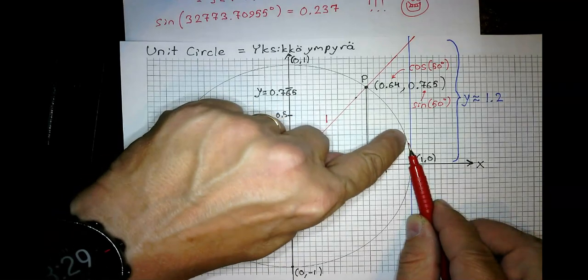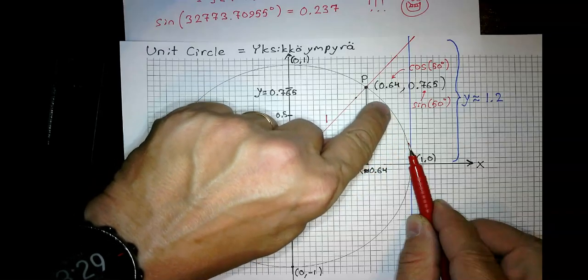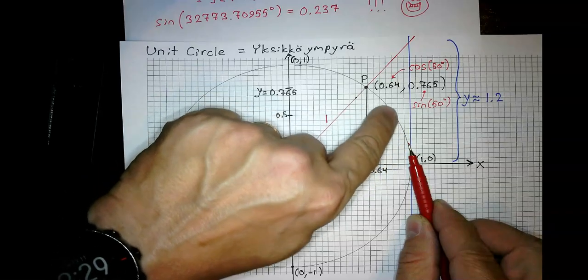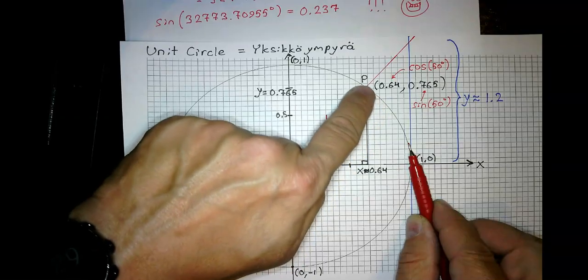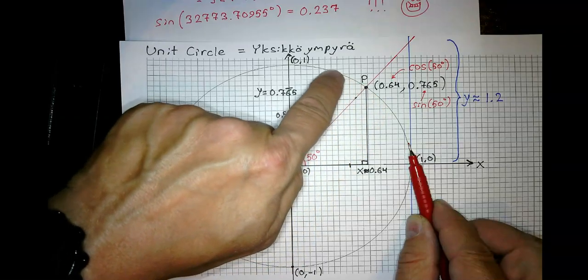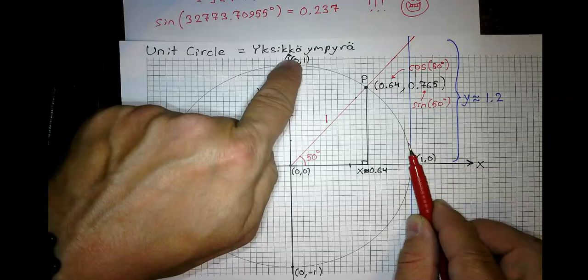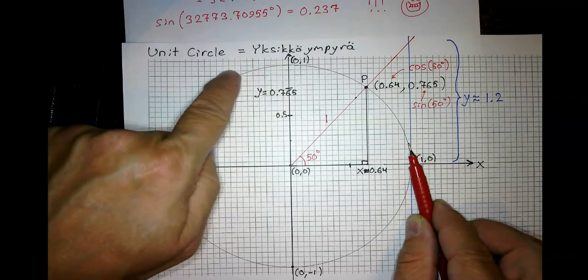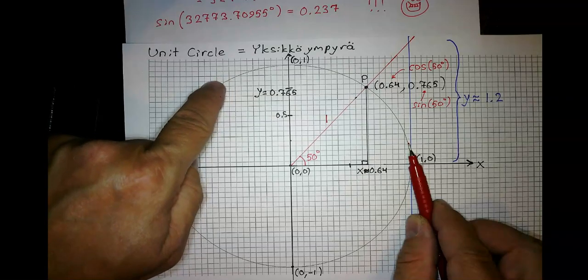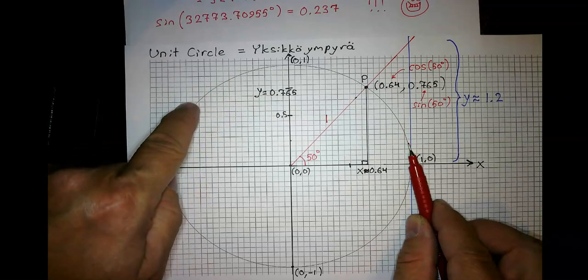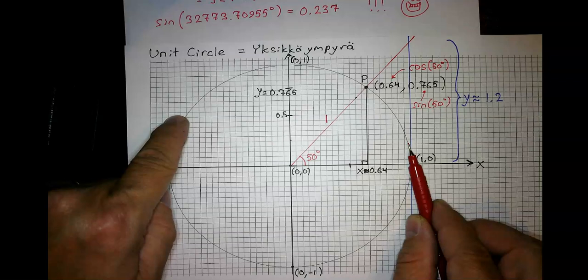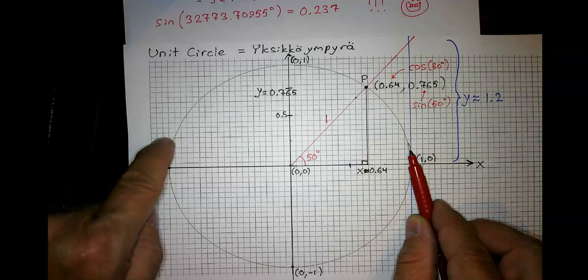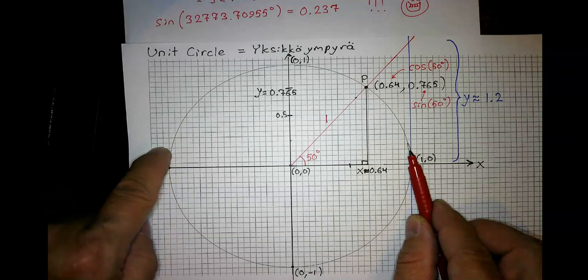If we go through this curve here, we see that the y coordinate all the time rises. Now it is 1. Now it starts going lower. Now it is about 0.8, and somewhere here it is 0.5, and about here it is again at the same height there.